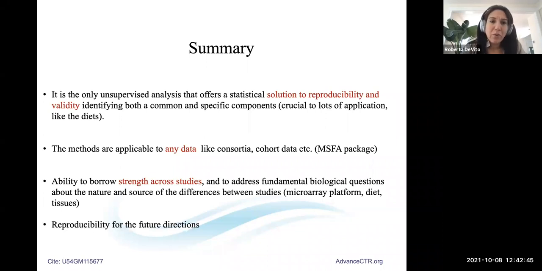And I want to highlight this reproducibility across different studies, because of course, especially in this big data world, reproducibility is a very, very sophisticated concept, and is not as Galileo described to us, and so it can be really important to address reproducibility in many different directions for different studies.